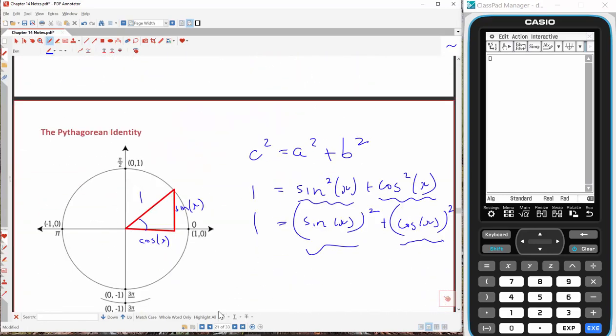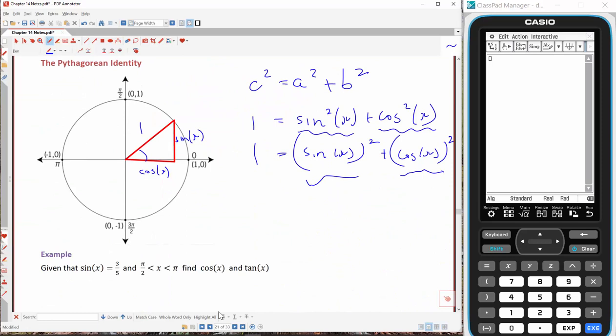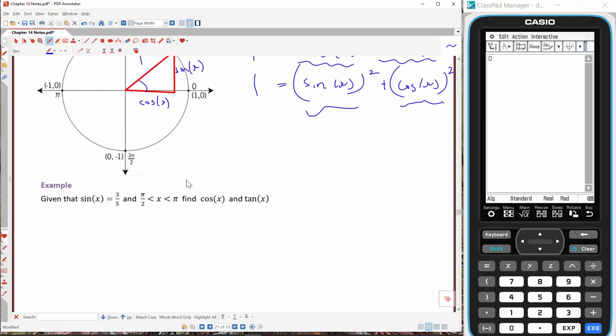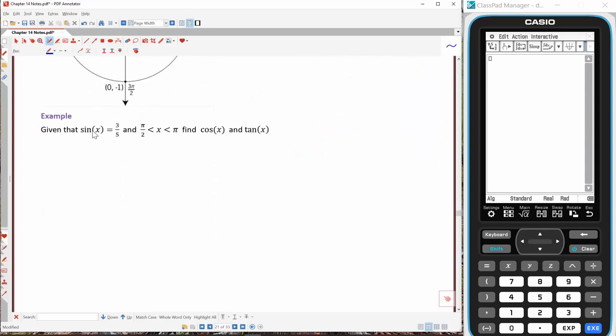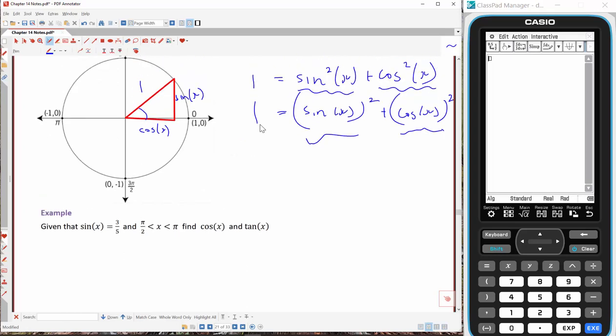Okay, so 1 equals sine squared x plus cosine squared x, or sine of x all squared plus cosine of x all squared. All right, so given that sine x equals 3 on 5, and we've got an angle between pi on 2 and pi, find cosine x and tan x. All right, that's cool. So sine of x is 6/10, and we're in the second quadrant.